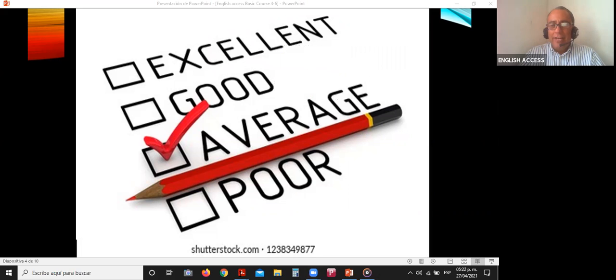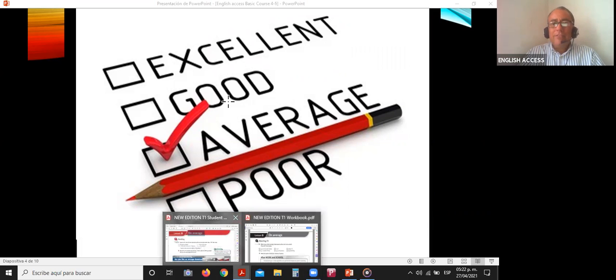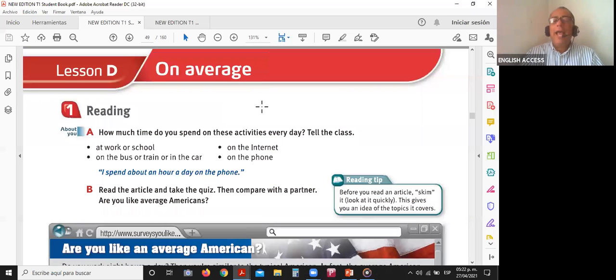And here in the lesson, in the book, it says on average because there are a lot of questionnaires right now in Mexico about the elections. They are getting results, and some people go for the PAN, some people go for the PRI, and some people go for AMLO, and they show the preferences.